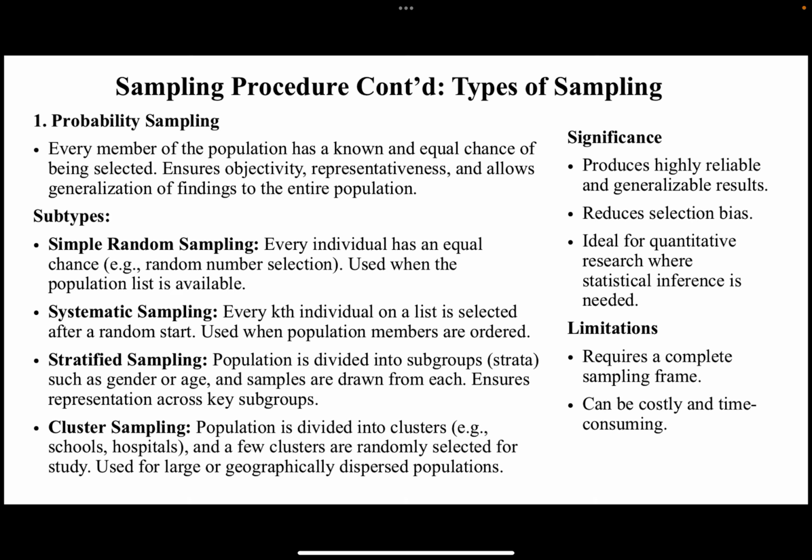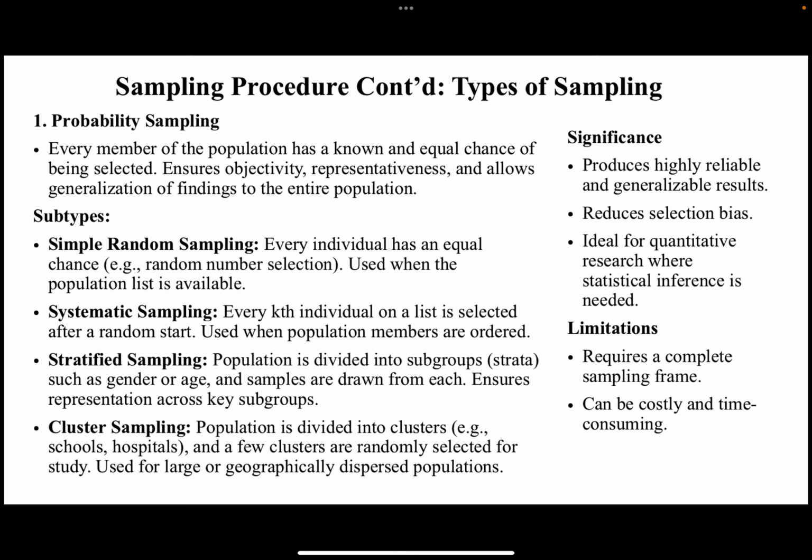Now, a typical example: suppose a university has 60% female and 40% male students. Now, there are steps you are going to use if you want to do stratified sampling. Divide the students into male and female groups.